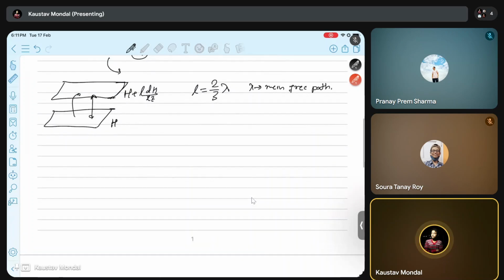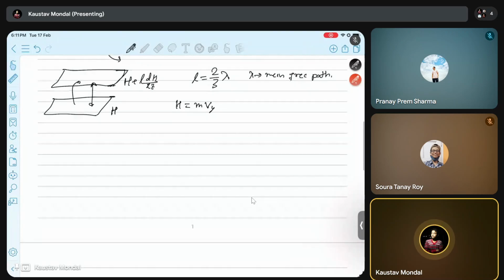Let's suppose some momentum gradient arises, and because of that this h quantity is given by the momentum m, let's suppose vy. In that case we can calculate the viscosity coefficient.